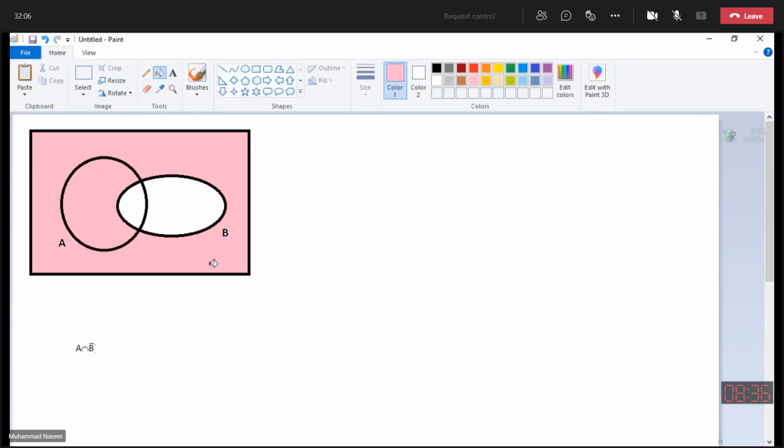So what is the intersection of this shaded part with A? How much of this pink shade is shared with A?